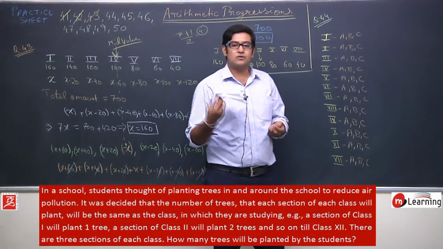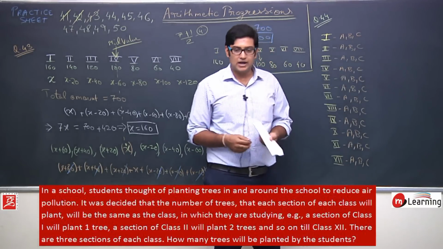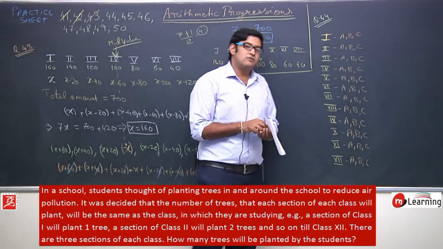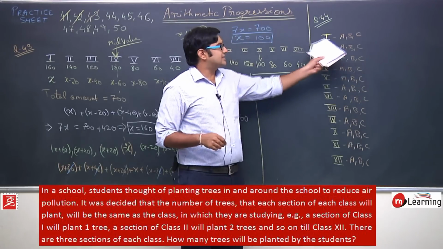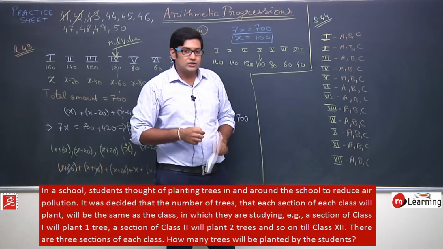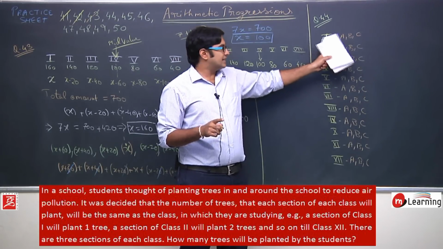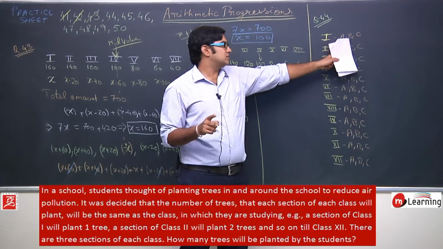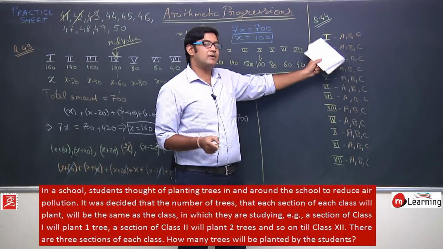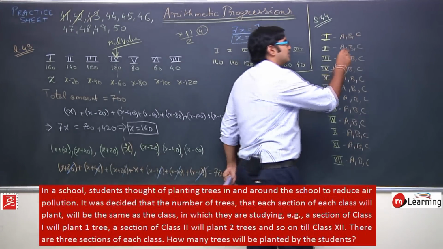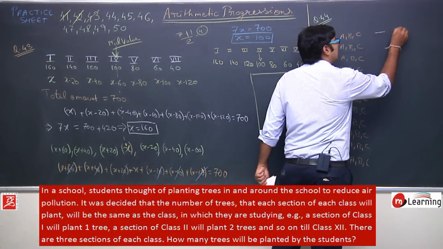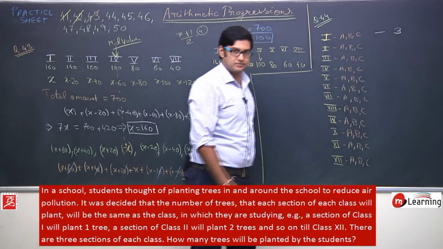So, what is the total number of trees that the students will plant? What we can see is, for the class 1 students, each section has to plant only 1 tree. So one tree will be planted by first A, second tree will be planted by first B, and one more tree will be planted by first C. So in all, the first class will plant a total of 3 trees.